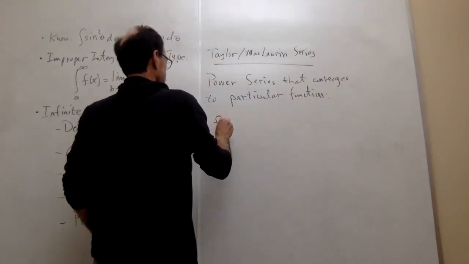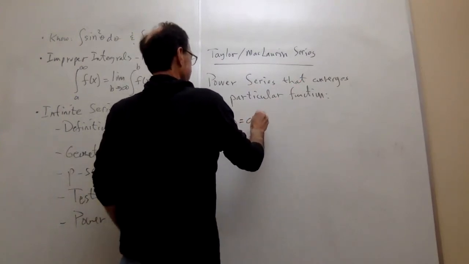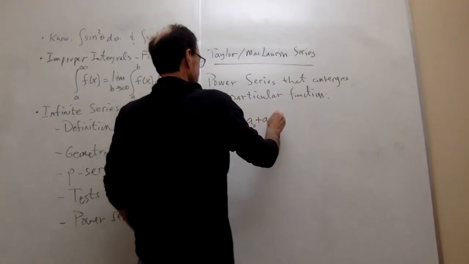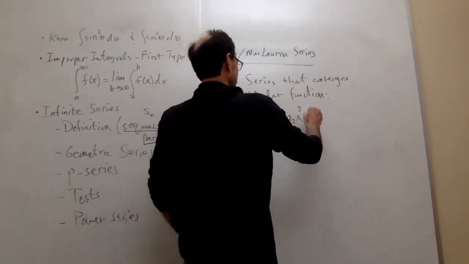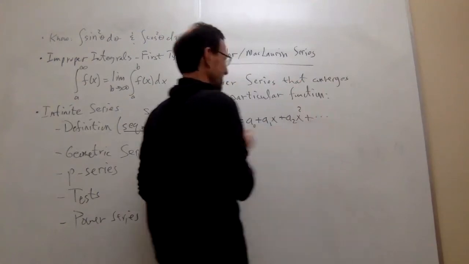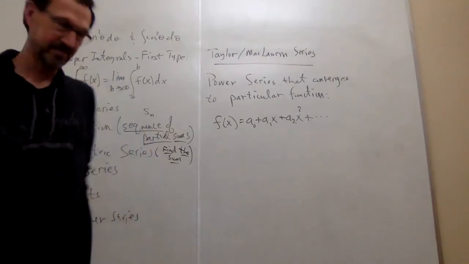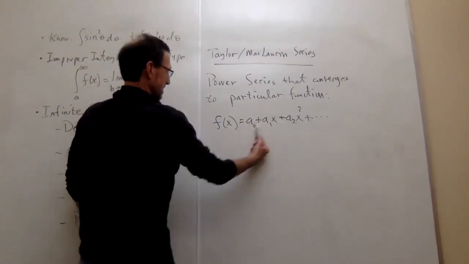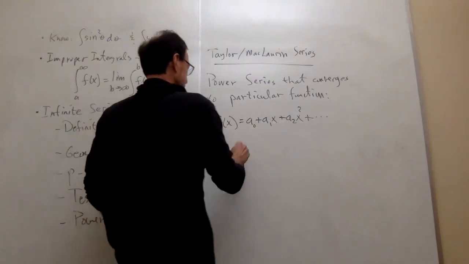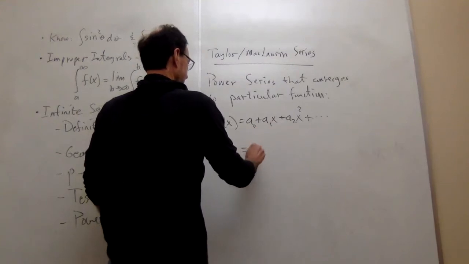Here's my function f of x, and a power series that looks like some constant plus another constant times x plus another constant times x squared, and so on. And we showed that if I want this series to converge to this function, I need to pick my a_n's, let's call them, like this.